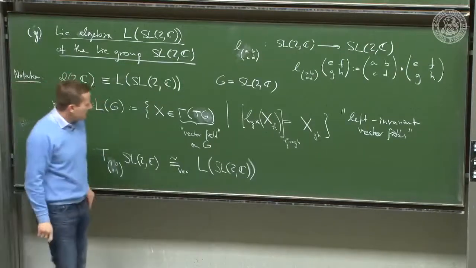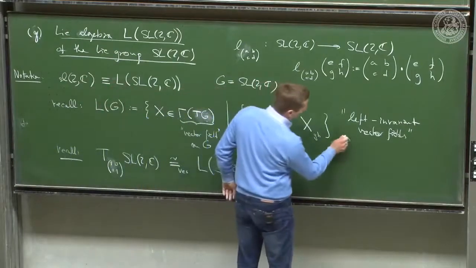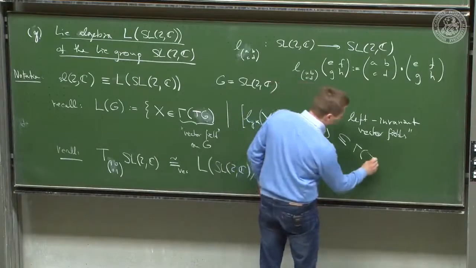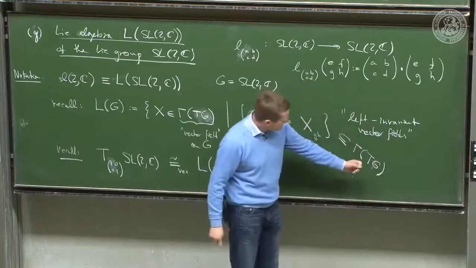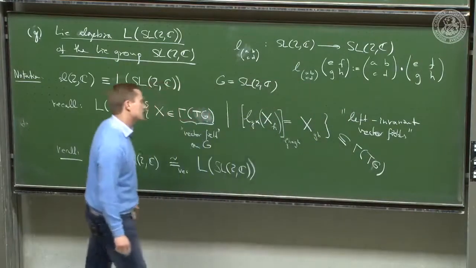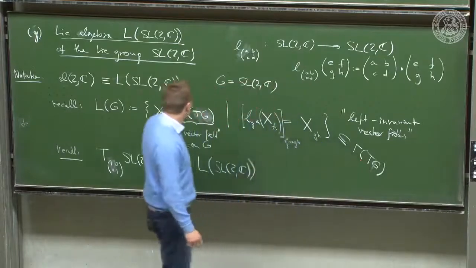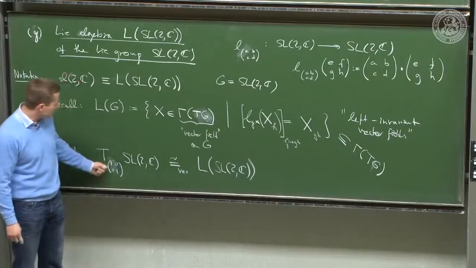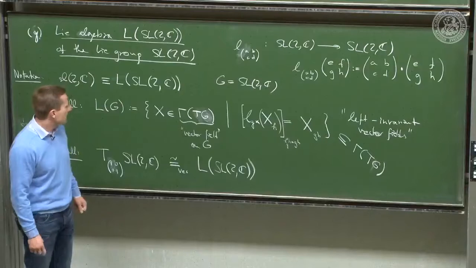But how can it be that this is after all a sub-vector space of all vector fields, but as an R vector space, or in this case as a complex vector space, this is infinite dimensional, but we saw that this is finite dimensional. Indeed, SL2C is three-dimensional, so the tangent space is three-dimensional. How can it be that as vector spaces they're isomorphic?